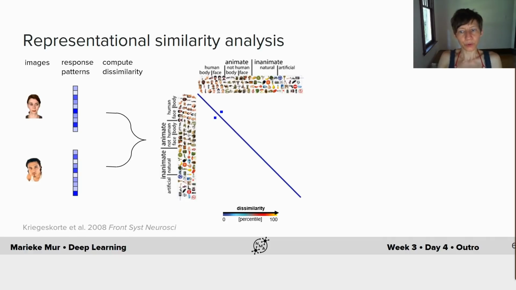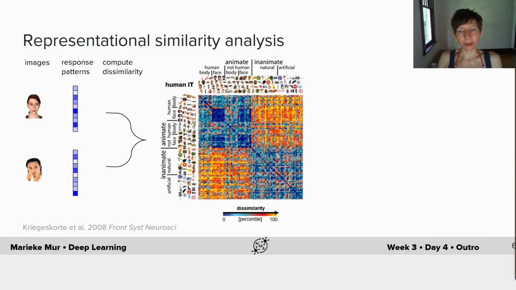Now I'm going to show you the fMRI data from IT. We can immediately see two results that jump out. First, a tight cluster of human faces. This is the blue square in the left corner, which indicates that human faces elicited very similar response patterns. And second, a category division between animate and inanimate objects.